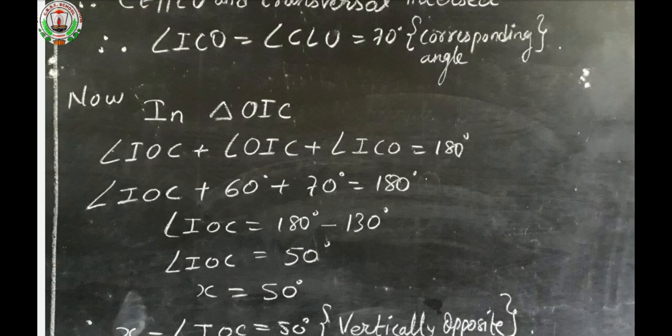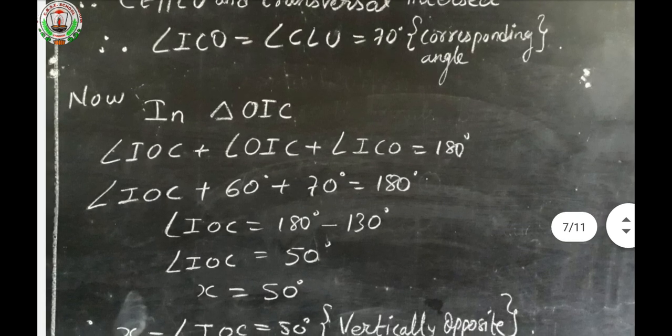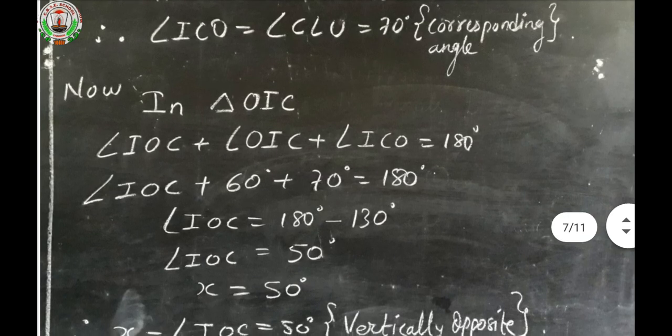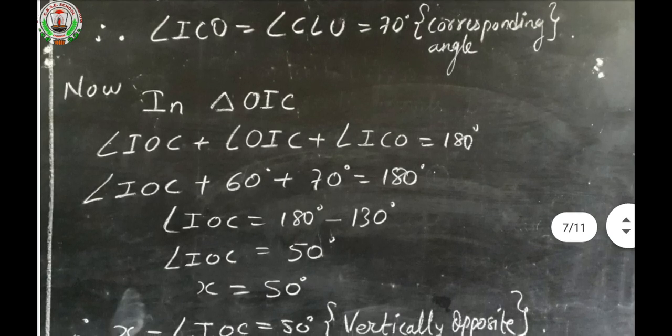So according to the angle sum property of the triangle, what it states is that the sum of all the three angles of a triangle, not a quadrilateral, is equal to 180 degrees, isn't it? That means angle A plus angle B plus angle C will be equal to 180 degrees. So here, as we are considering the triangle OIC, the names will change.